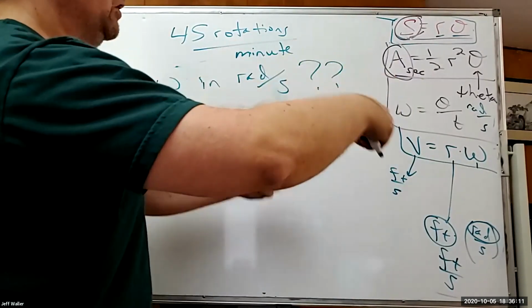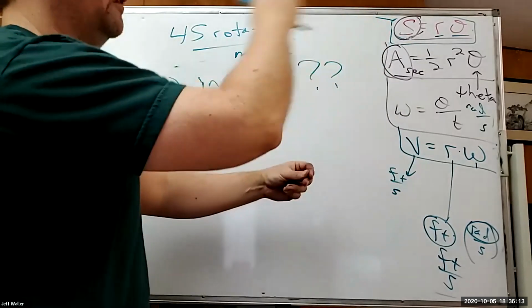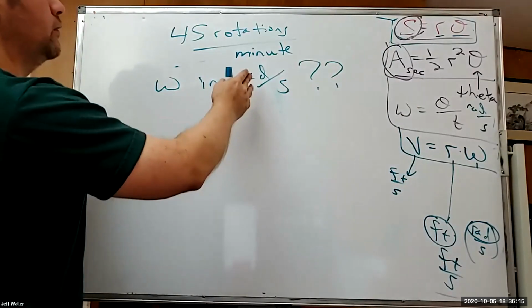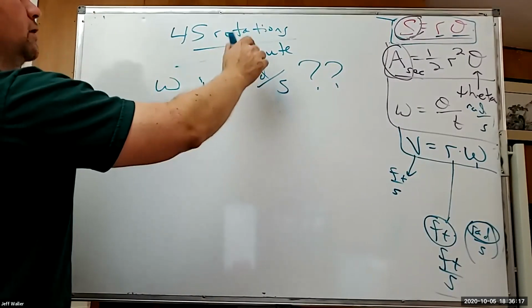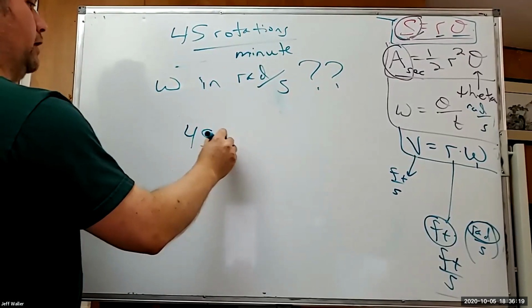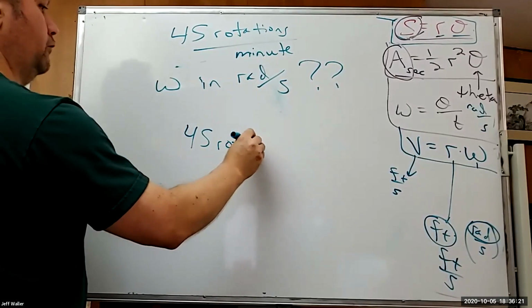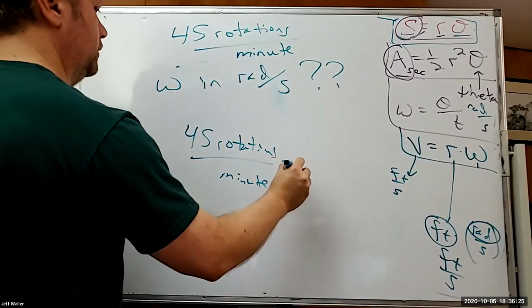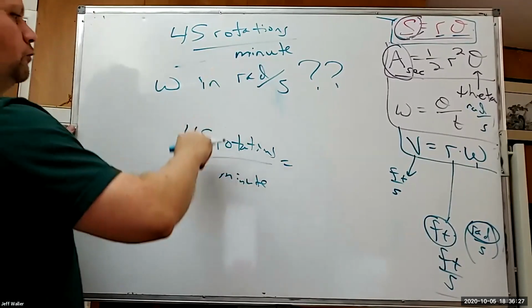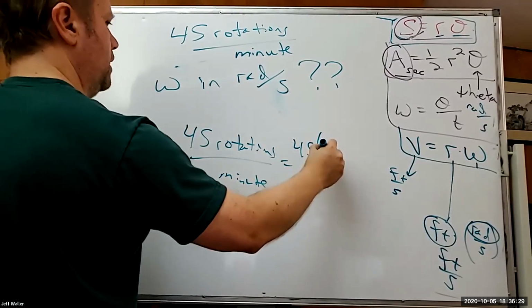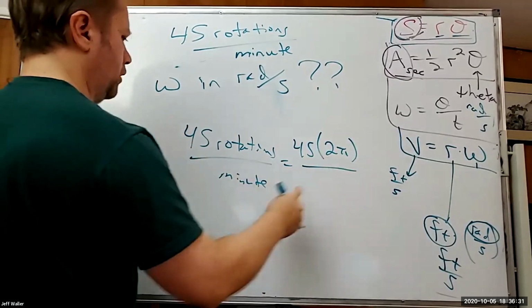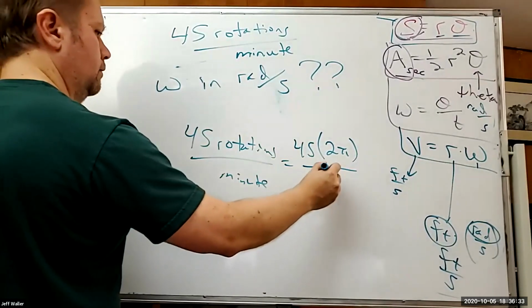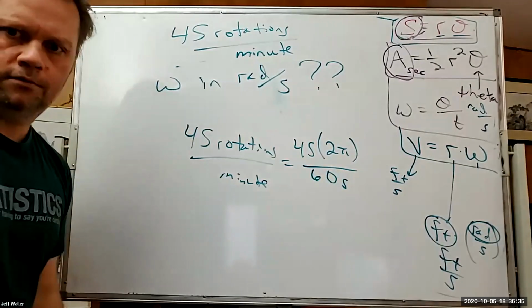So 45 rotations would be 45 times the circumference, right? But this is all about angles. So with 45 rotations, I can just change this directly into what they want. So 45 rotations per minute equals 45 times 2 pi radians per 60 seconds. Is that all right?